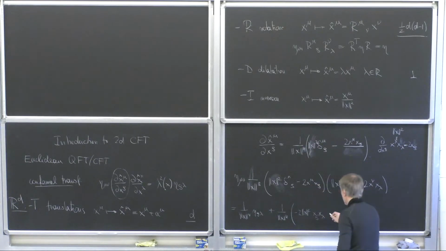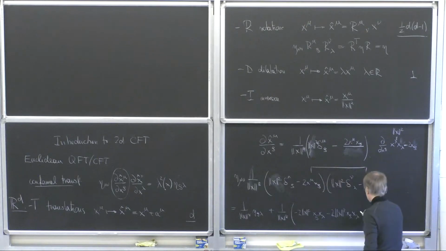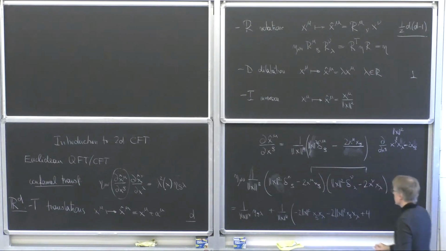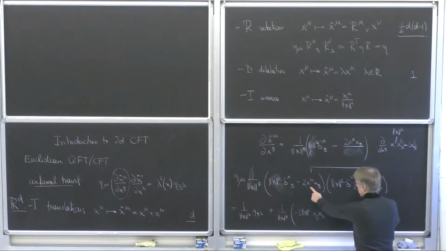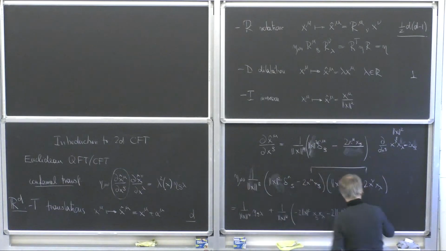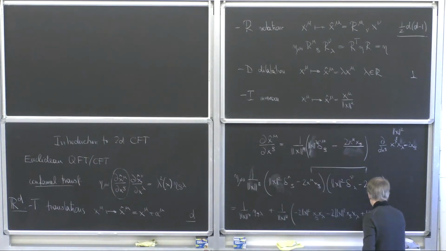The other cross term also becomes minus 2 x squared x_ρ x_λ. And then this term becomes plus 4 times, and x^μ x^ν times η_μν gives me also an x squared, and then x_ρ x_λ just stays x_ρ x_λ. Is that clear?